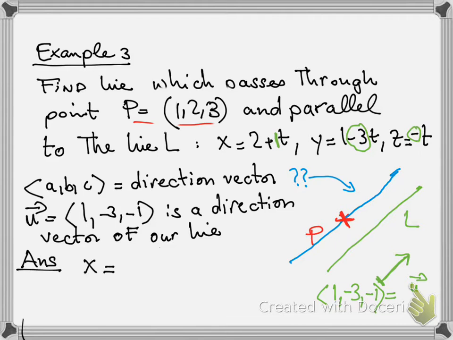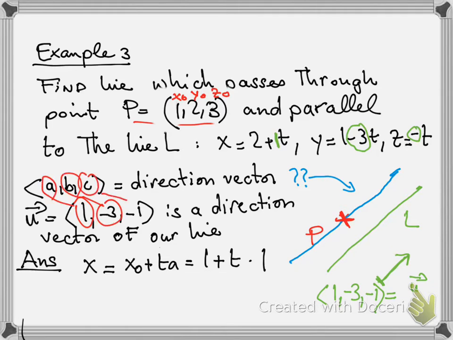Okay, so we are done. The equation of our line would be: here's x0, y0, z0. So x is x0 plus t times a, so it's 1 plus t times 1. Remember, guys, here this is a, here is b, and here this is c.